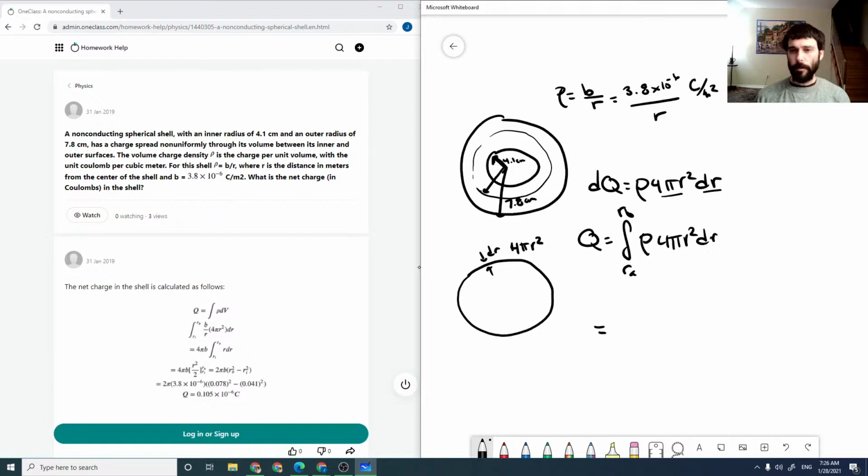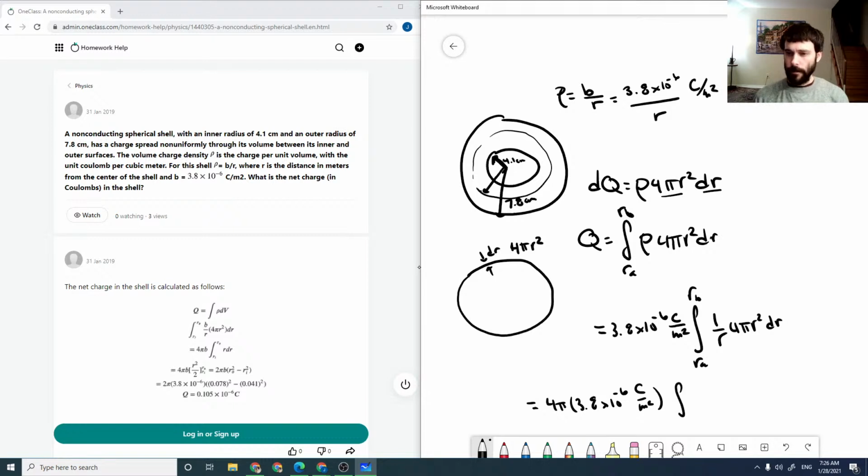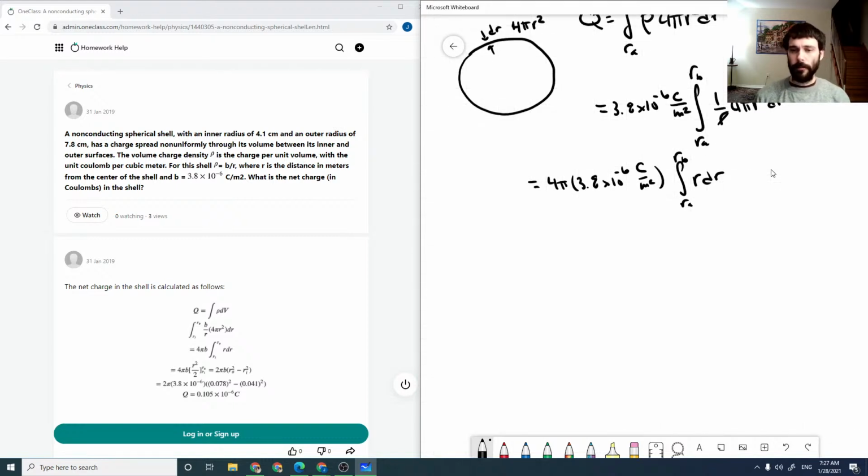Now our rho actually depends on distance, so that's 3.8 times 10 to the minus 6 coulombs per meter squared, integral RA to RB of 1 over r times 4 pi r squared dr. We can bring out our 4 pi, and then cancel one of the r's, so it's the integral from RA to RB of r dr. Using our integral rules, we raise the power by 1 and divide by the factor, so r squared over 2 from RA to RB.